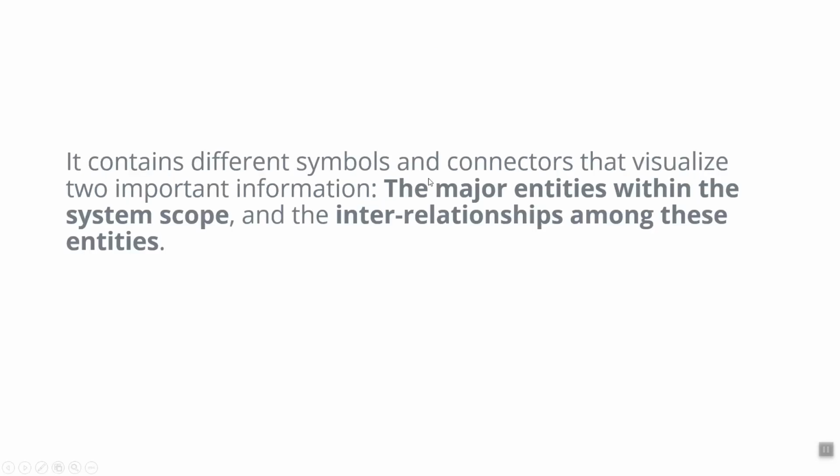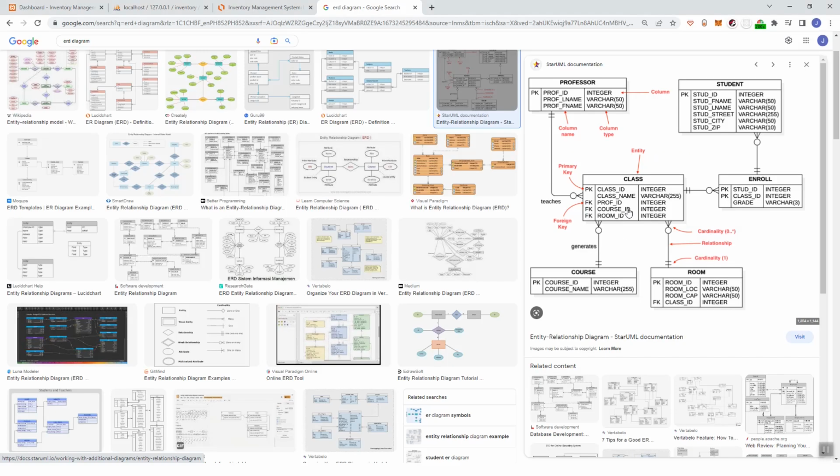Here it says the ERD contains different symbols and connectors that visualize two important pieces of information: the major entities within the system scope, and the interrelationships among these entities. The major entities in this example are the student, the class, the enroll, the room, the course, and the professor.